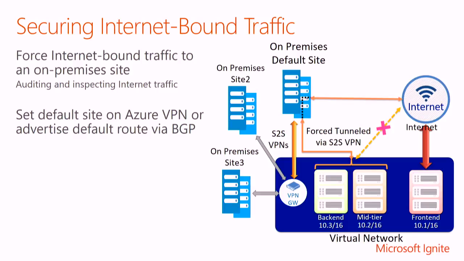So all the subnets in that VNet are going to learn a default route instead of the default route going through the regular internet gateway from the VNet through the Microsoft backbone. Instead, traffic will all come back through whatever cross-premise connectivity you have, go to your on-premise firewall or whatever you want to do with your inspection, and then get out.